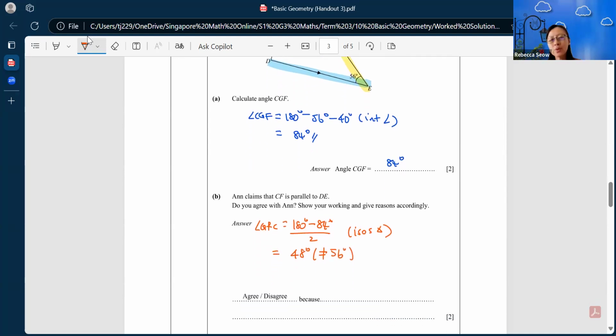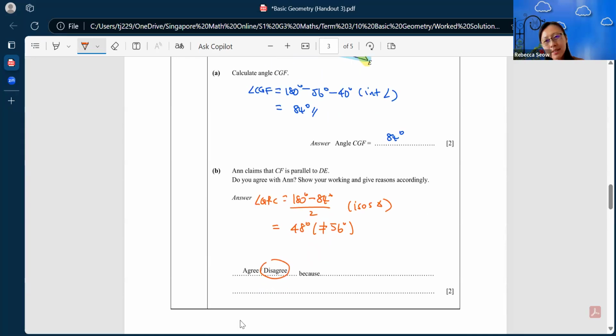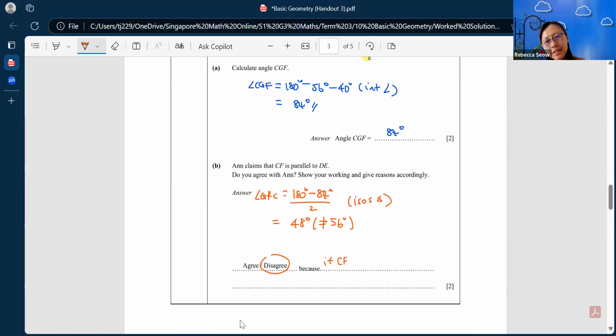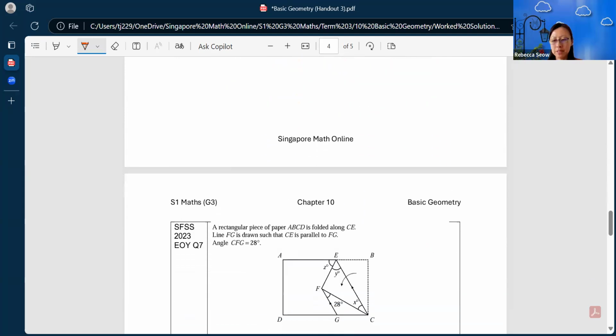So our answer, we disagree, because if CF is parallel to DE, angle DEF would be equal to angle CFG due to corresponding angles on parallel lines. So this will be part of B.